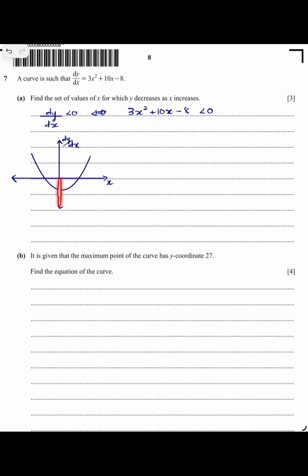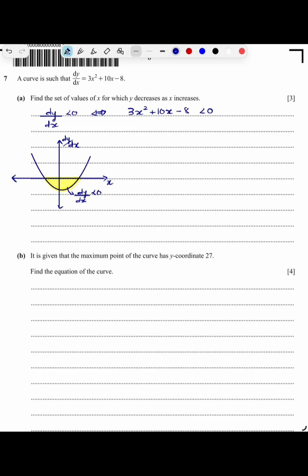Negative इस point पे है. So we are searching for the values of x जो graph lies below 0. So ये सारा region है जो मैंने shade किया है, where the derivative की value which I am plotting on the vertical axis is less than 0.